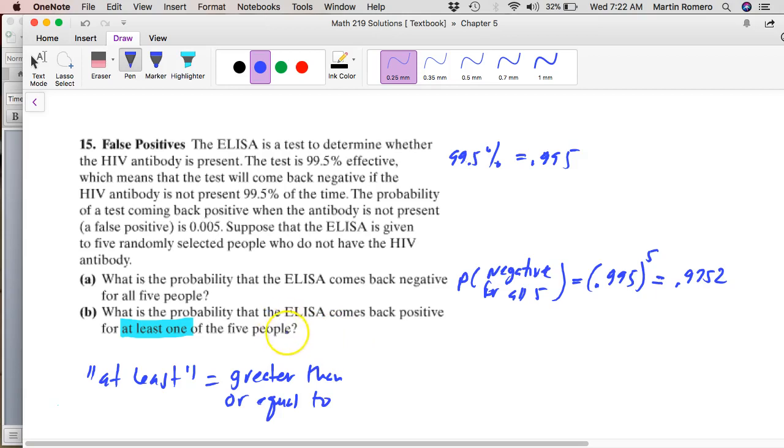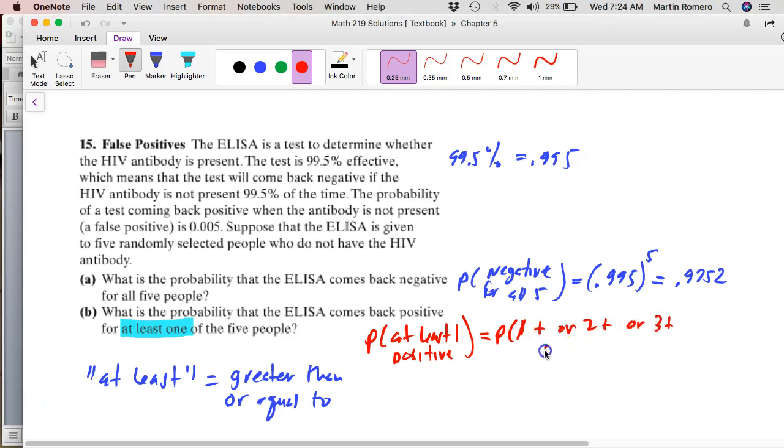And so think about how we would write that. We have to solve this in a creative way. So we have 2 ways to kind of think about this. The probability of at least one positive is really equal to the probability that one is positive, or 2 is positive, or 3 is positive, or 4 is positive, or 5 is positive.